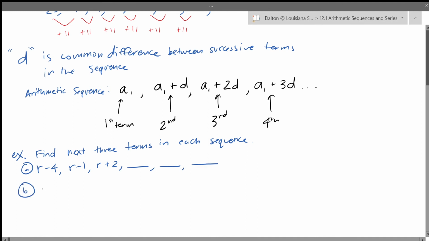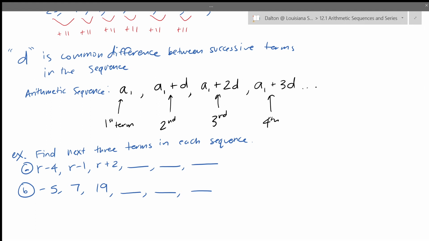And the second example will be negative 5, 7, 19, and then we'll find the next 3. These are going to be pretty simple because you just need to figure out what the common difference is to get from one to the other, and then apply that to the previous term.